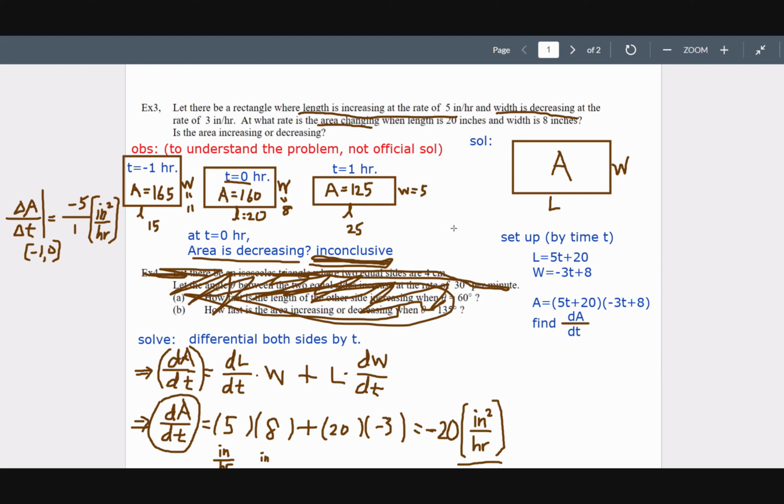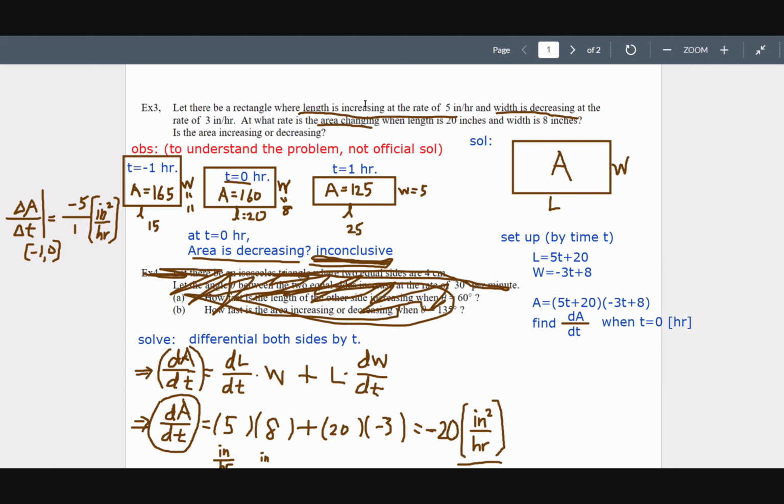Find dA/dt when time t is equal to 0 hours. These equations for L and W are set up in such a way that the question, when L is equal to 20 and W is equal to 8, actually happens when t equals 0. So everything must be in time units here.